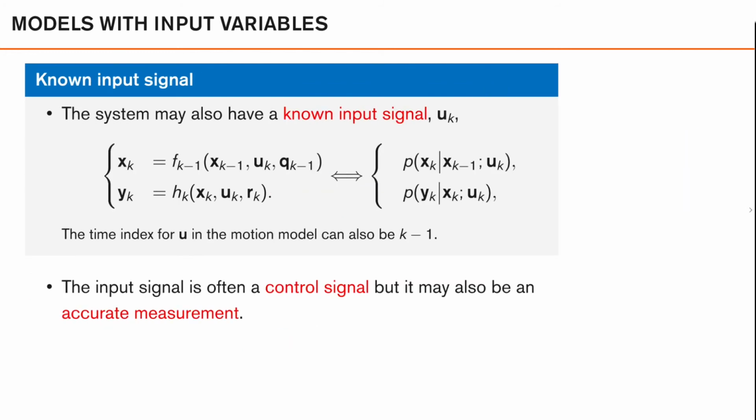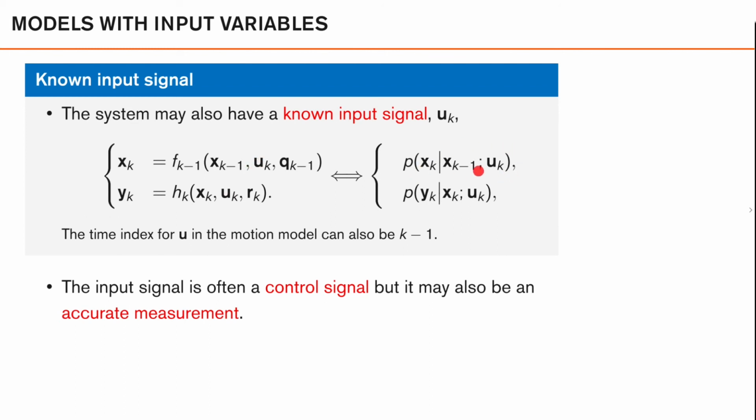There is also a slightly different variant of our time discrete state space model, where we include a known input signal, uk. As the signal is assumed to be known, we treat it as a deterministic variable in our models, so we simply add it in our equations here as a time-varying parameter in our models.